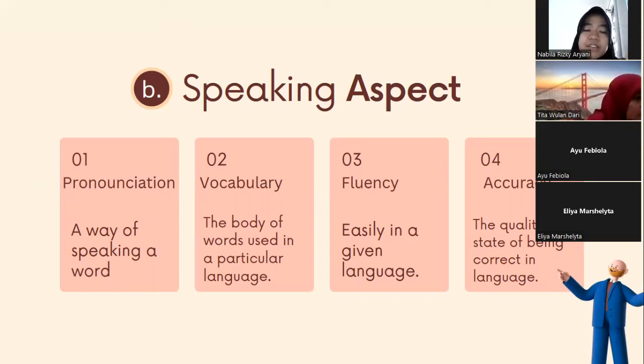According to Chen Li, 2014, great pronunciation competence in English is able to make others understand easily. It is not necessary to speak English like a native, but well enough to be understood. B is vocabulary. Vocabulary is one of the very important aspects that supports speaking performance to communicate.